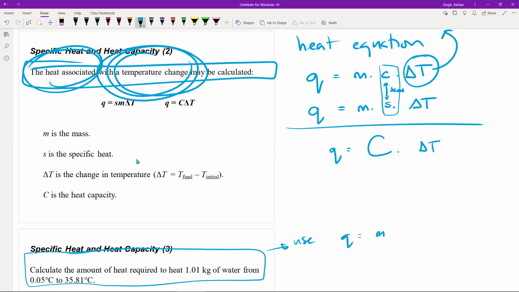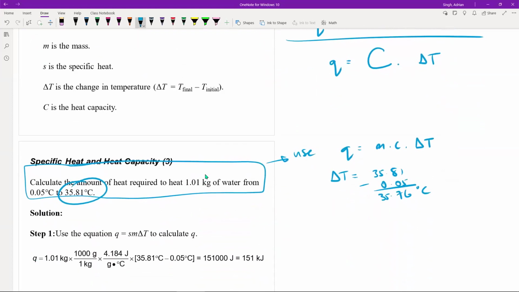So Q equals m times c times delta T. My delta T, the first thing we can identify here, is the final 35.81 minus the initial 0.05. So that's going to give me 35.76 degrees C.